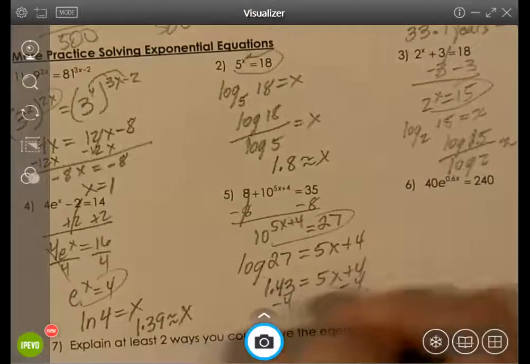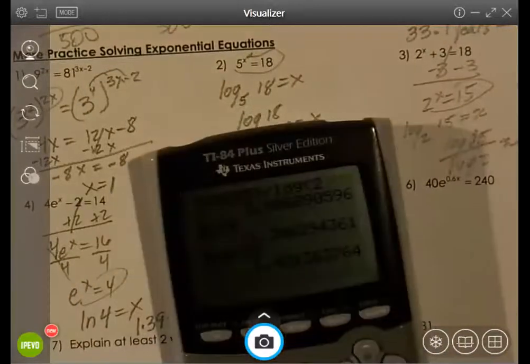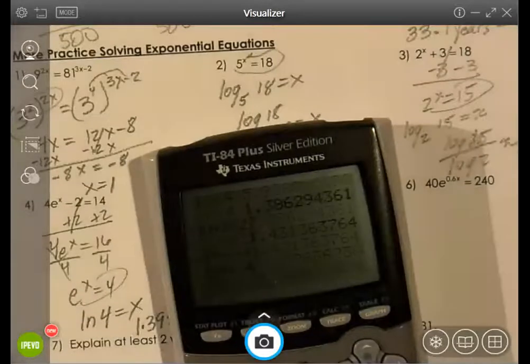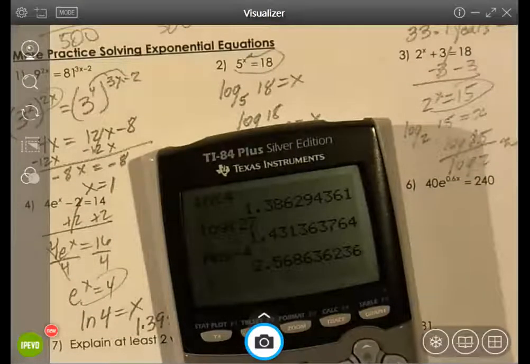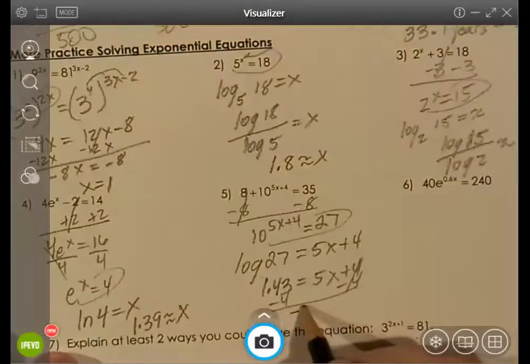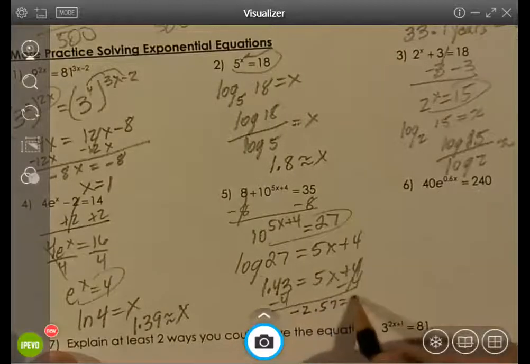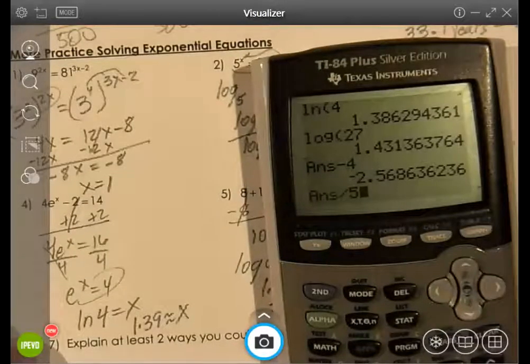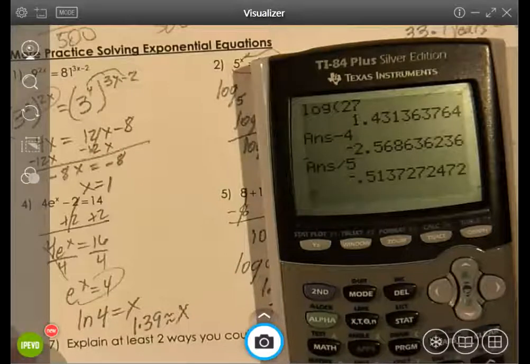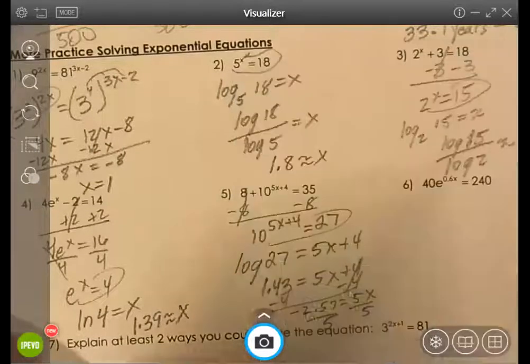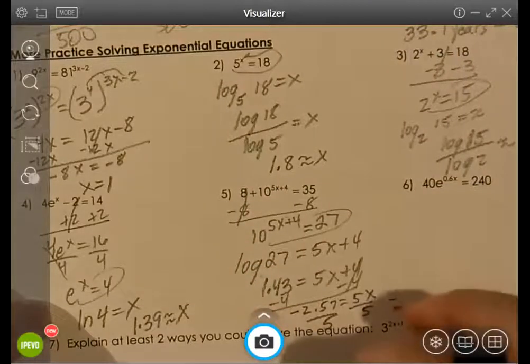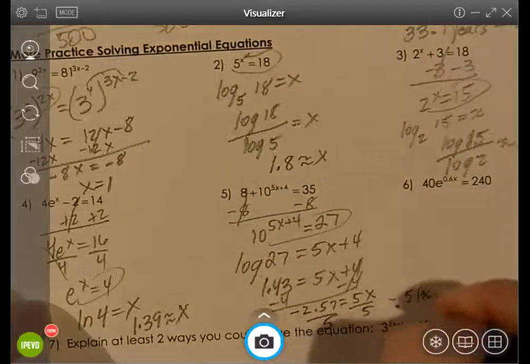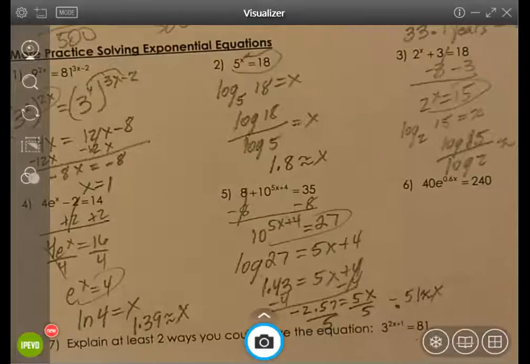We subtract that by 4. That gives us negative 2.57. And we divide by 5. That gives us negative 0.51. And that's approximately our x value.